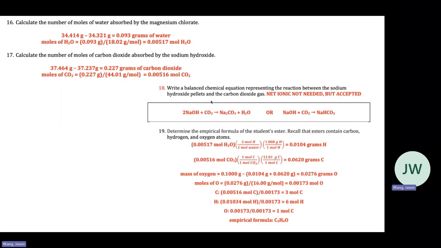So we want to know how to write chemical equations for those reactions. In this case, it's between NaOH and CO2, and a net ionic is not needed. They do mention that, which is great because I won't need to go back and find it. So I'll save time. Technically, the first one here is acceptable in this case.